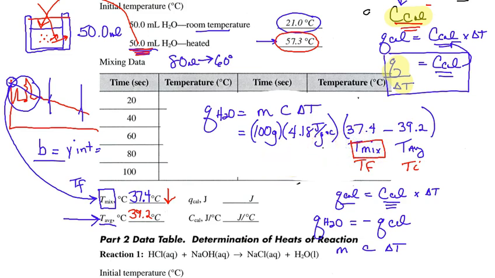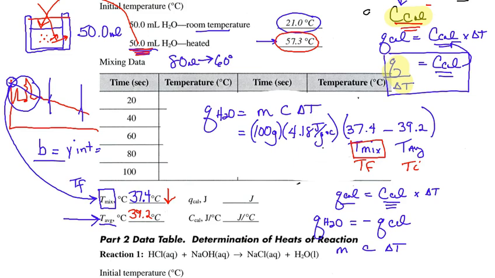So we plug in our handy dandy calculators and we can do this: 100 times 4.18 times the parentheses of 37.4 minus 39.2, close the parentheses.